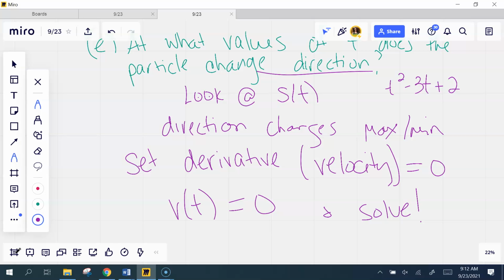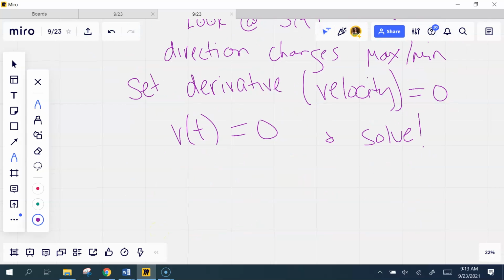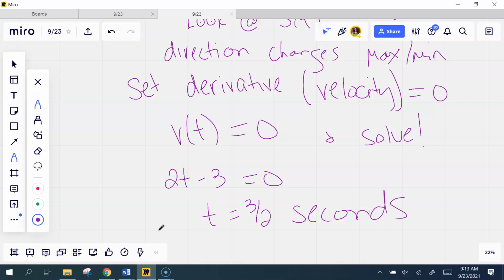So if I take the derivative, set it equal to 0 and solve, I found my horizontal tangent, so I found my max or mins. You start with position and do the derivative of position. Make sure you use the right units.